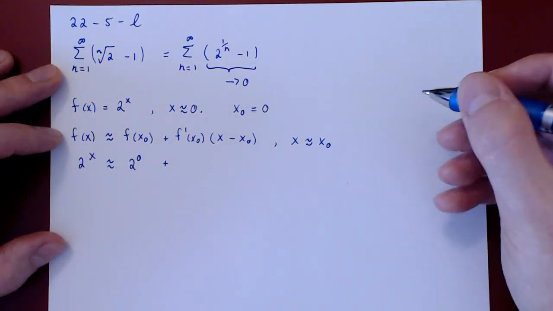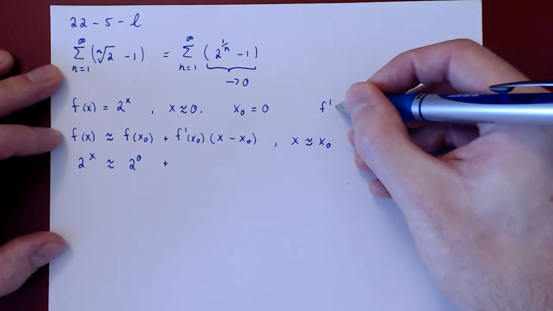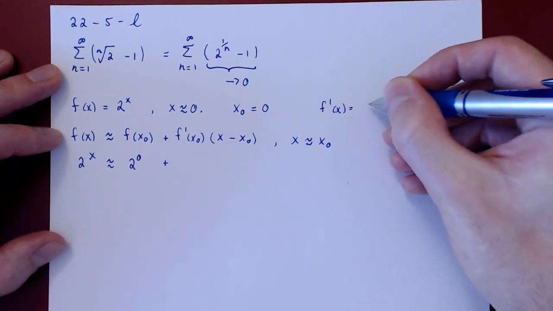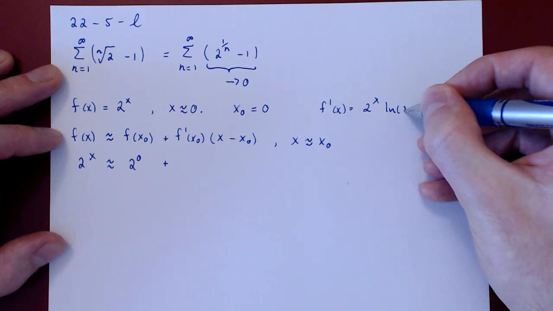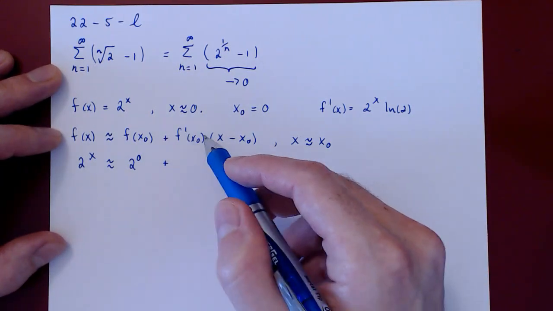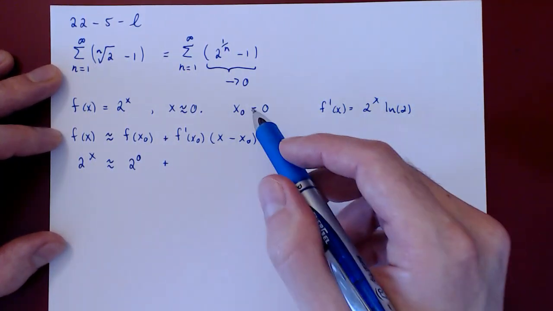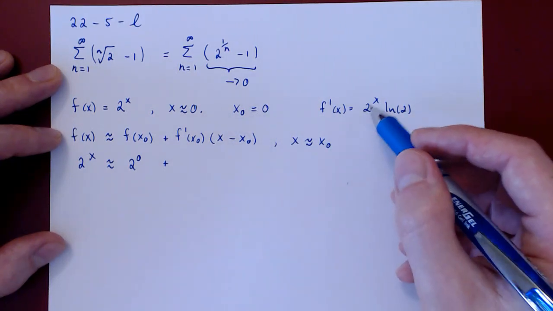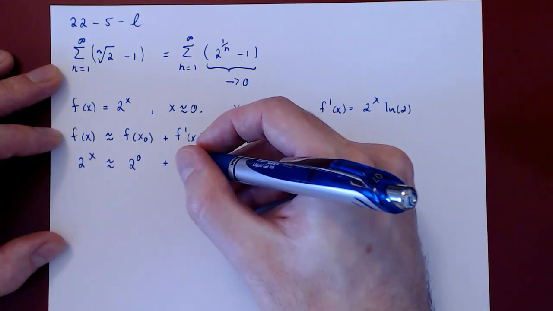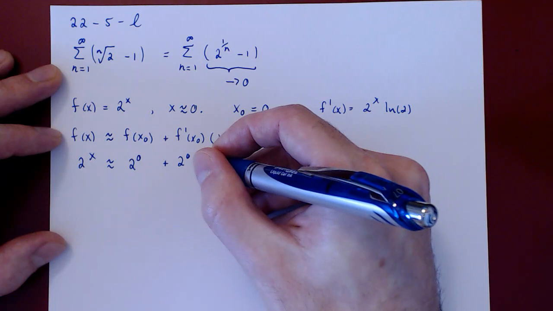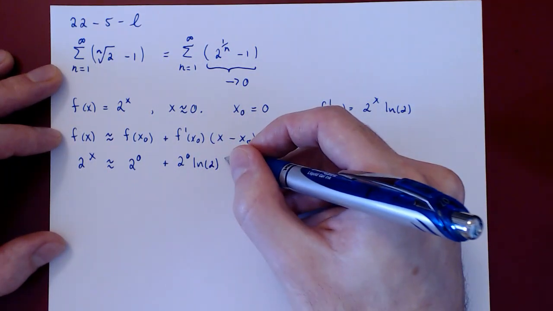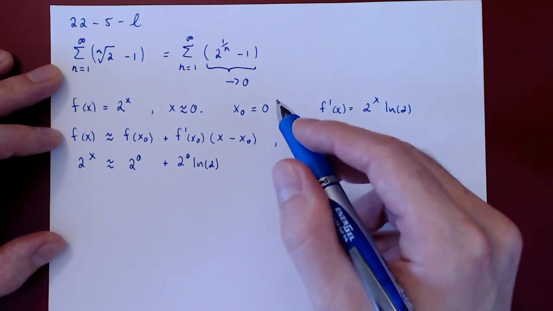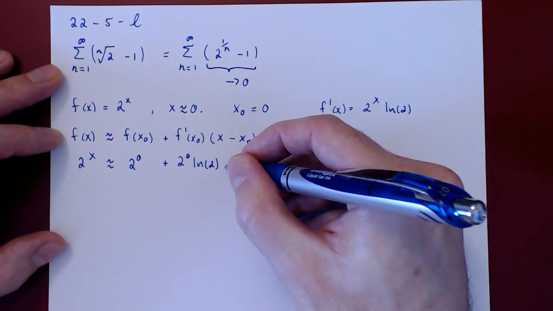Well, recall that the derivative of 2 to the x by the exponential rule is 2 to the x times ln of 2. So if we evaluate this at x equals 0, we get 2 to the 0 times ln of 2, times x minus x0, but as x0 is 0, times x.